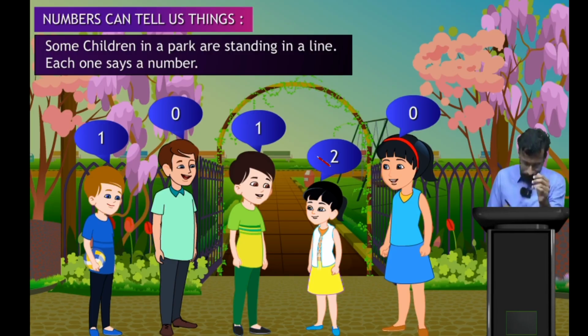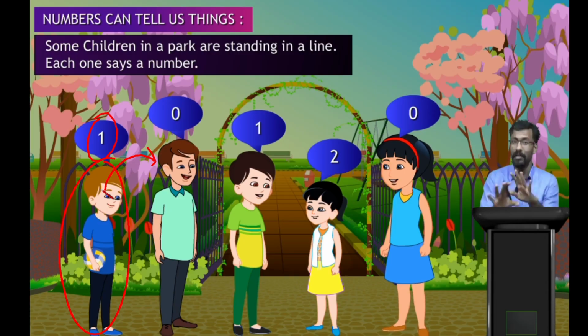Suppose I am taking the first one. Corresponding to him, only one neighbor is there, but that neighbor is taller than him. So that's why we are taking 1, because one taller person is standing in the neighborhood. Logic clear?